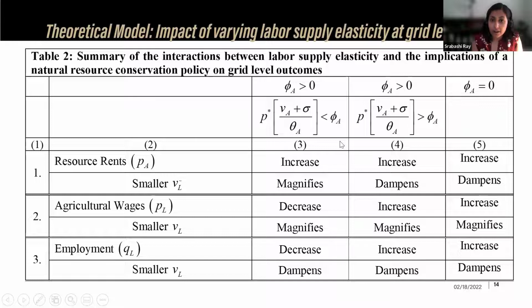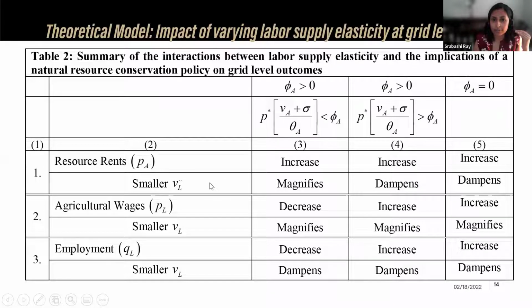On the grid cells that are directly impacted, what happens as a result of the conservation policy depends upon this condition up here. The term in the brackets can be interpreted as a total supply response relative to the magnitude of the conservation policy shock. So if the total supply response is smaller than the conservation policy shock, then there is still an increase in resource rents.